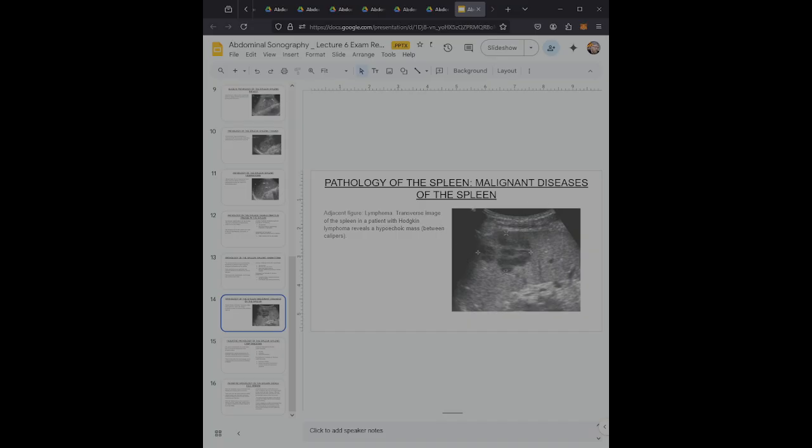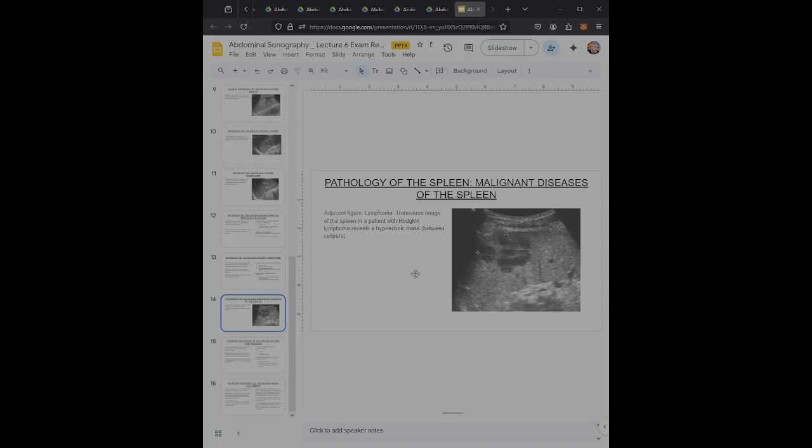Malignant diseases of the spleen. Patients with splenic malignancy may suffer from left upper quadrant pain, fever, weight loss, and general malaise. Although quite rare, the primary malignant tumor of the spleen is an angiosarcoma, and these appear sonographically as complex or solid masses.